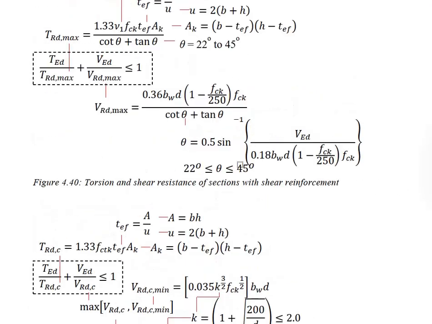And then your concrete property is now not governed by the compressive strength. Instead, it is governed by fctk. fctk stands for the concrete characteristic tensile strength. That means we are talking about the tensile resistance of the concrete.